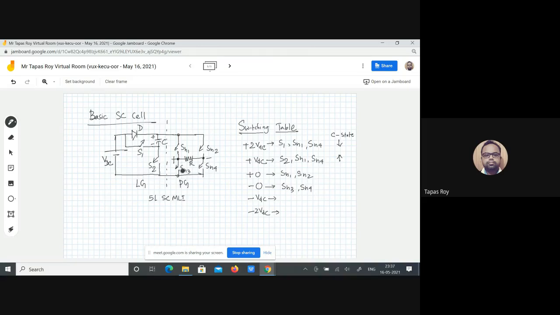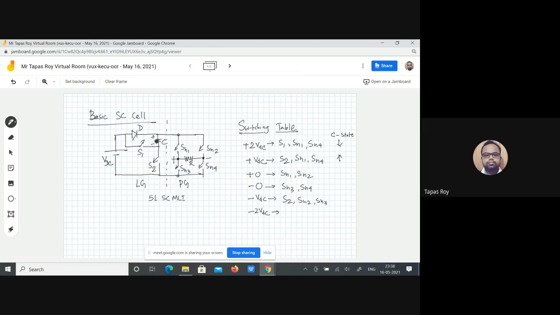Minus VDC voltage level can be realized the same as the positive VDC voltage level. Here, instead of these two switches, we need to turn on these two switches, so that the polarity changes across the load. So here I need to turn on S2, and these two switches, SH2 and SH3. Now for plus 0 and minus 0, the capacitor is in a floating condition because these are off.